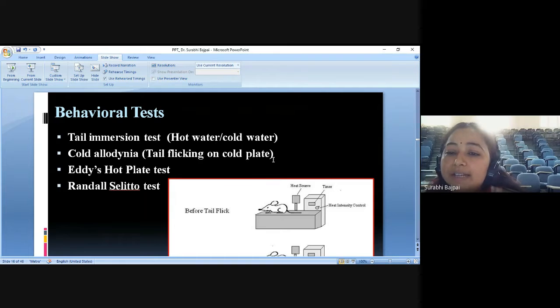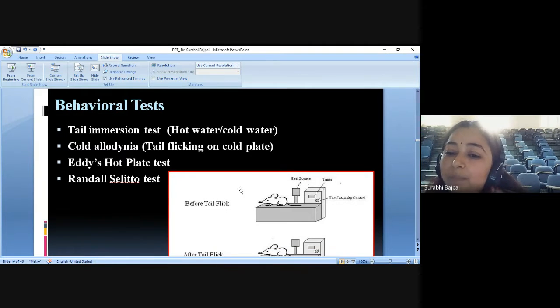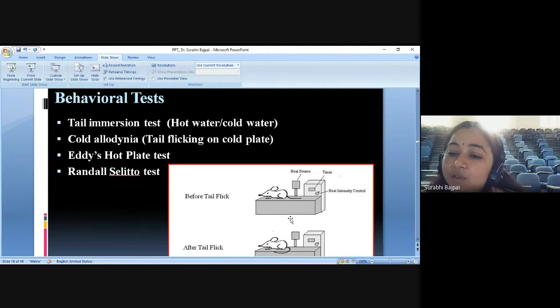For hot water testing, we took 55 degrees Celsius water, and for cold water, nearly 4 to 10 degrees water was taken. Then the cold allodynia test, a tail flick test on the cold plate, was used. Then Eddy's hot plate test and the Randall Selitto test were performed. This is just a small view of how the tail flick test was done.